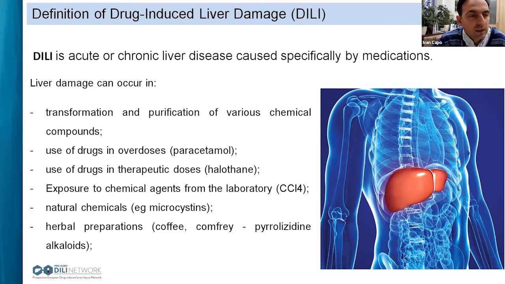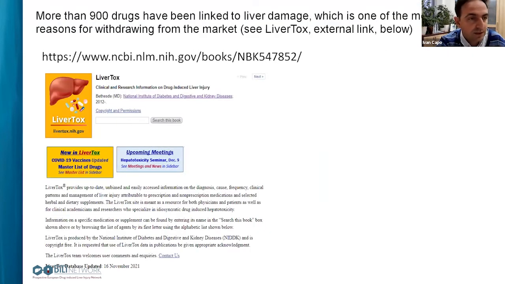So we can see that we have multiple drugs or chemicals which can damage the liver, and this damage comes in some degree. We will see how it looks. Sometimes it is just biochemical findings, but sometimes we can see morphological changes.